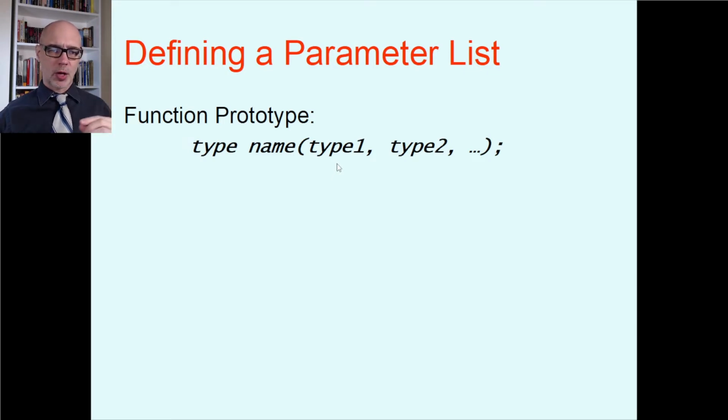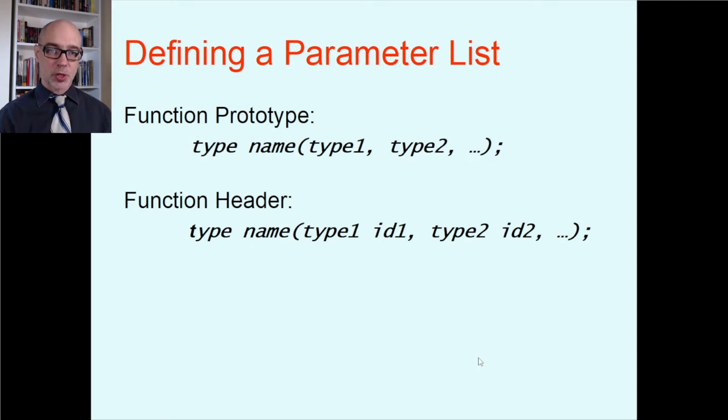So maybe my function needs an int, comma, and then a float, right? And there can be more than that. Separate those by commas. If I have a function that just works on one single parameter, I can just say f of int or whatever. So just the types. Now, optionally, you could give names to those variables, kind of like you're declaring variables, but they're optional. So a lot of us leave them out of the function prototype to make it shorter.